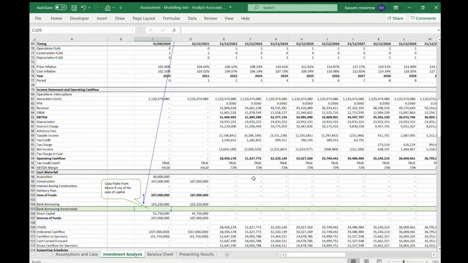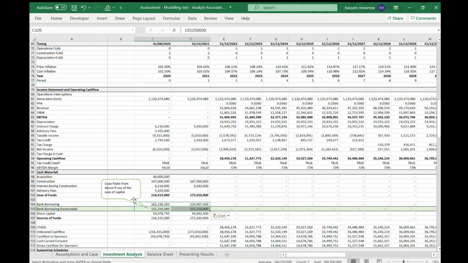So to get how much I'm paying in interest, I just simply copy that here in values. And so here, to avoid the circular reference, you can see that it keeps changing because it uses that to get that, and then it gets that from the other side.